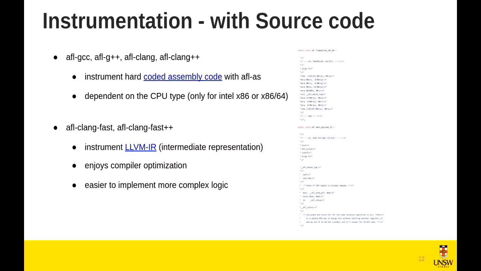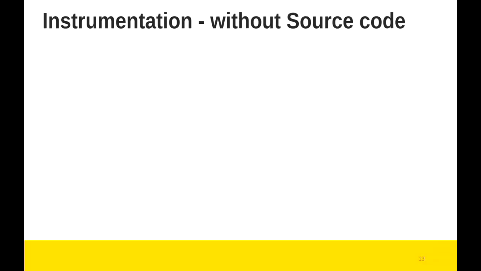So this is another advantage. However, it also requires us to install LLVM, and because this AFL code is now archived and no longer updating, the version of LLVM required is a little bit old. Normally we prefer to use this approach to do the instrumentation unless we cannot install LLVM properly in that environment. So this is how we do instrumentation with source code.